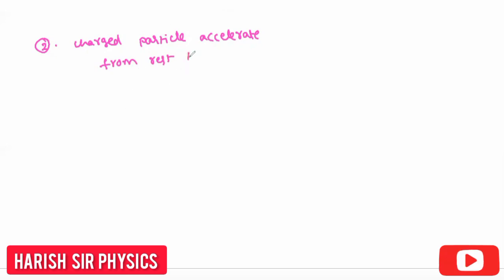And the next note point, second note point: when a charged particle accelerates from rest through a potential difference of V, we know the work done W is equal to V into Q. If the charged particle accelerates from rest, it has some kinetic energy.